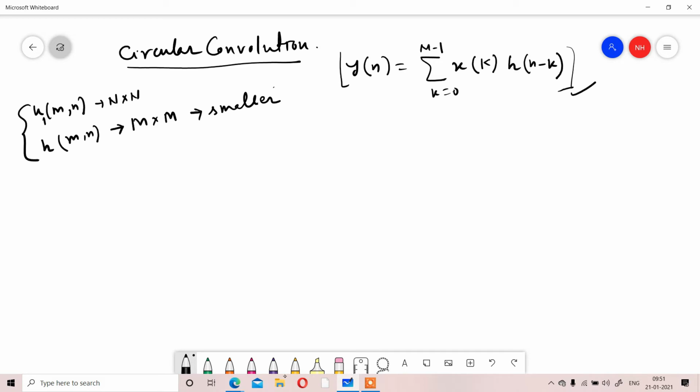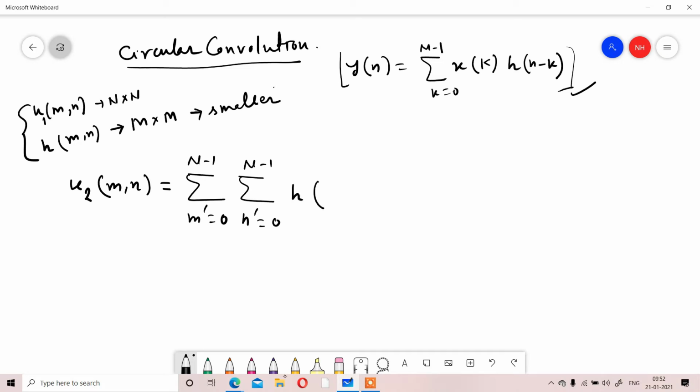Then the mathematical expression you will get is u2(m,n) as the sum over m dash equal to 0 to n minus 1, n dash equal to 0 to n minus 1, of h(m minus m dash, n minus n dash) times u1(m dash, n dash).